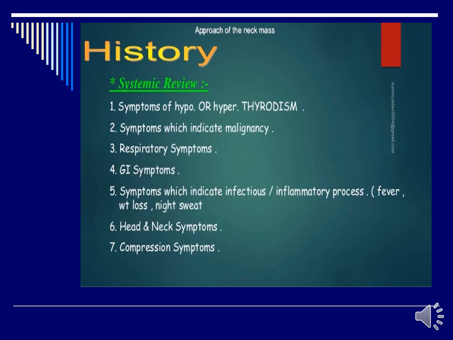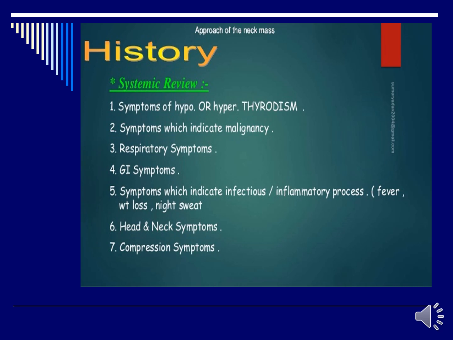Systemic review. Any symptoms and signs of hypo or hyperthyroidism, such as tachycardia, sleeplessness, hoarseness, or increase in body weight, according to the condition of the thyroid hormones.